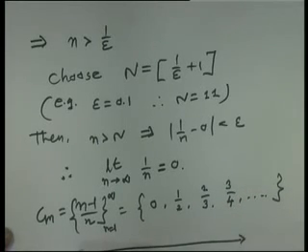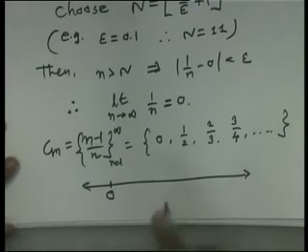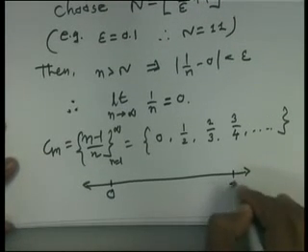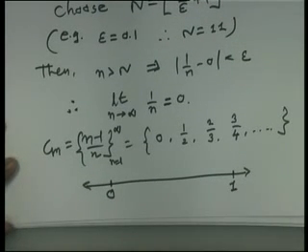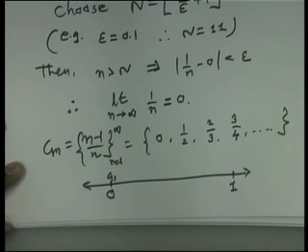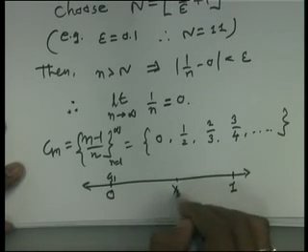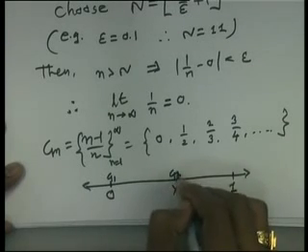On the real line representation, 0 and 1, we can see that all the steps are between 0 and 1. So this 0 is our first term. Then the second term is 1/2, so this is a2.